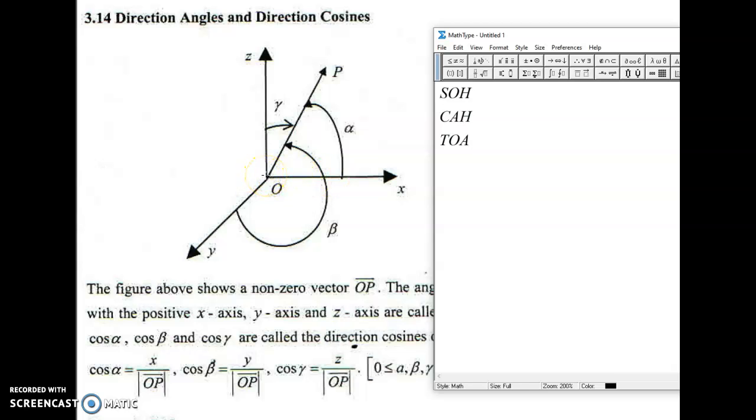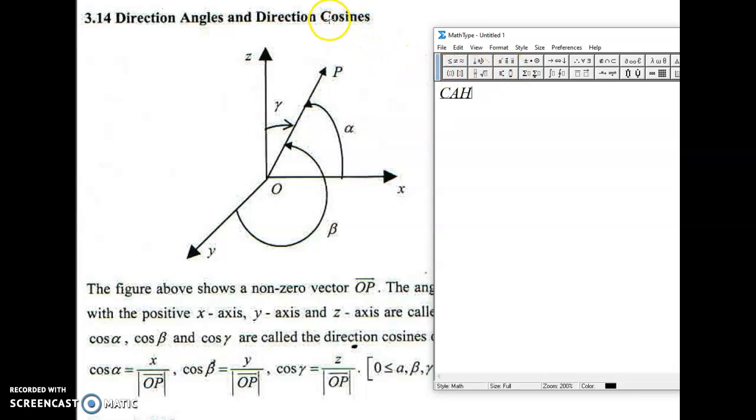So if you want to find the angle alpha, which is from x, yes, we have the adjacent, which is the x-axis. For y, the adjacent is the y-axis, and for z, the adjacent is the z-axis. That's why we will use cosine here as the formula to find the angle.